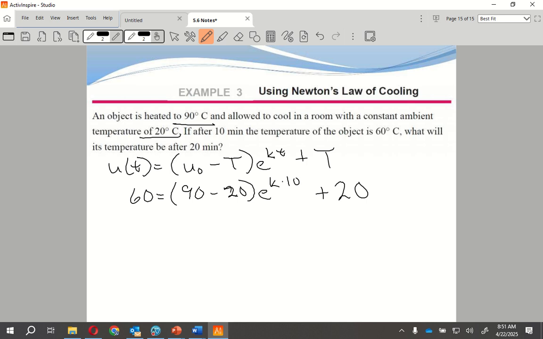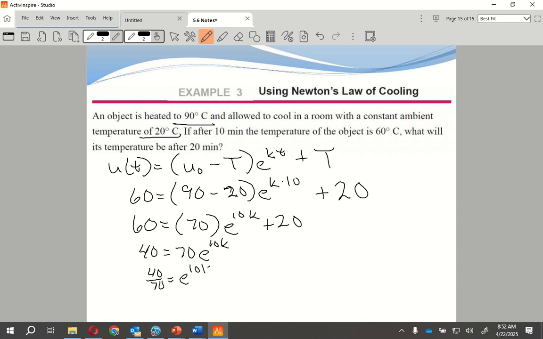So again, we're trying to solve for the rate, which is my K. e to the 10K plus 20. Subtract 20 from both sides. I get 40 equals 70 e to the 10K. Divide by 70. I get 40 over 70 is equal to e to the 10K. 40 divided by 70 will reduce to 4 over 7, right?